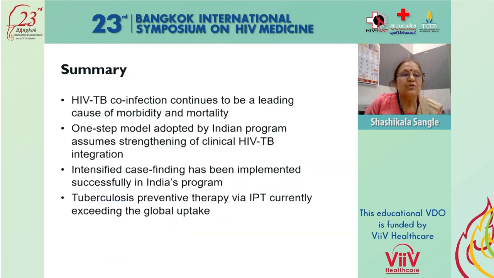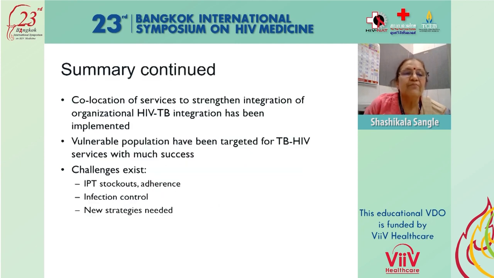Next. So to summarize, HIV tuberculosis infection continues to be a leading cause of morbidity and mortality. The one-stop model is adopted by the Indian program to strengthen the HIV TB integration. The most important aspect of this program is intensified case finding, which is successfully implemented in India. Tuberculosis preventive therapy via IPT is currently exceeding the global uptake as compared to other countries.